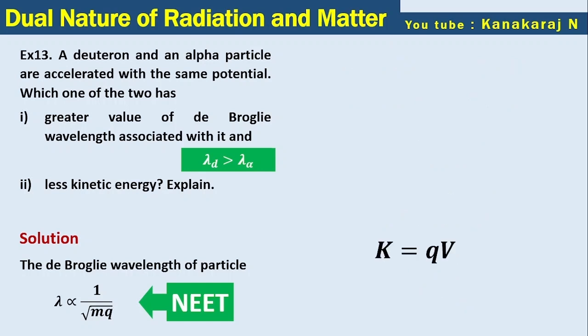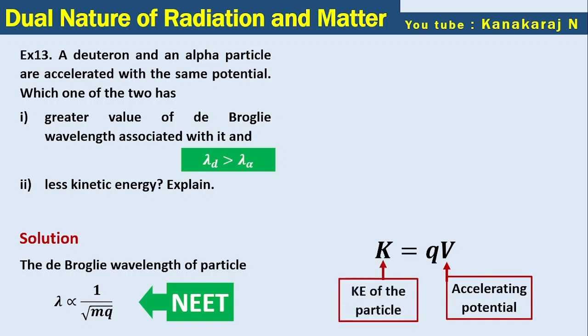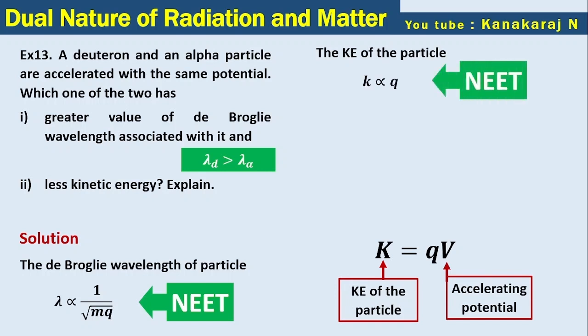So, we know that the kinetic energy is Q times V, where V is the accelerating potential, K is the kinetic energy of the particle. The kinetic energy of the particle K is proportional to charge Q. Therefore, Qd is e, Q alpha is 2 times e. Therefore, the kinetic energy of deuteron upon kinetic energy of the alpha particle equals e upon 2e.